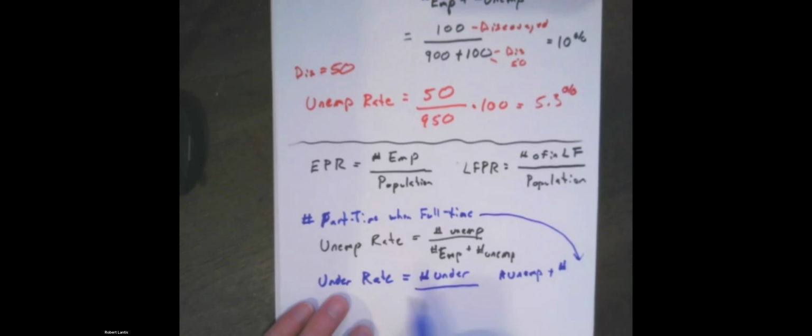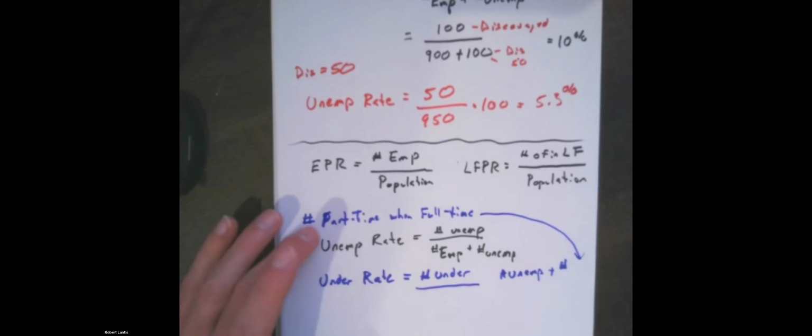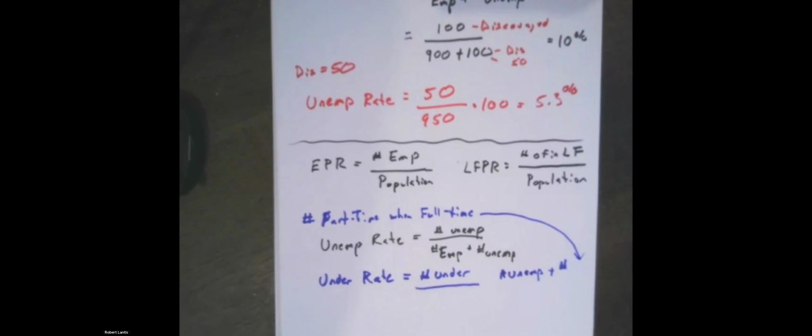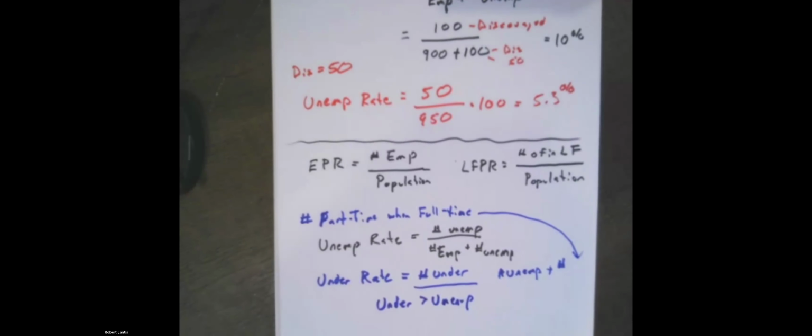So that underemployment rate is now going to be higher if we have anybody who is taking part-time work that wants full-time work. In which case, if the numerator is always greater for the underemployment rate, one thing we can say is that the underemployment rate will always be greater than the unemployment rate.